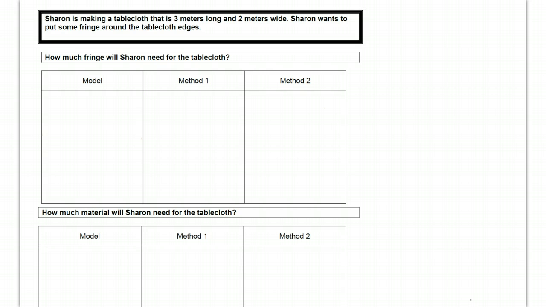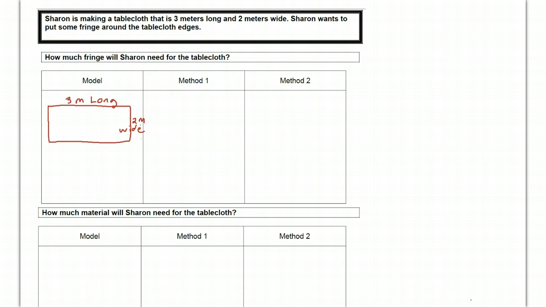Well, just like always, I like drawing a picture. So I'm going to put a picture of this tablecloth that's stated in the question above. It's a rectangle, and it's 3 meters long and 2 meters wide.